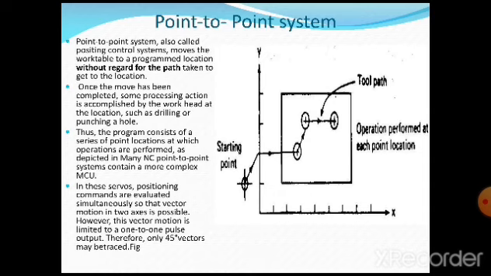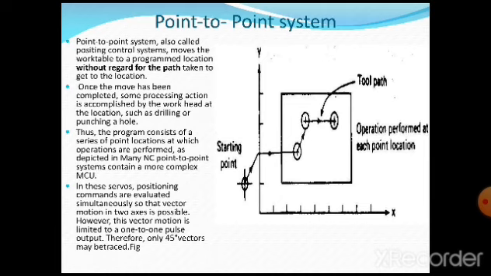about the point-to-point system. If you look at the right side, you are going to have a graph of XY axes, and you are going to see one workpiece which is held firmly on the work table of an NC machine, and also the starting point very clearly.